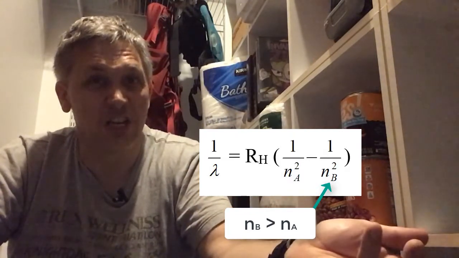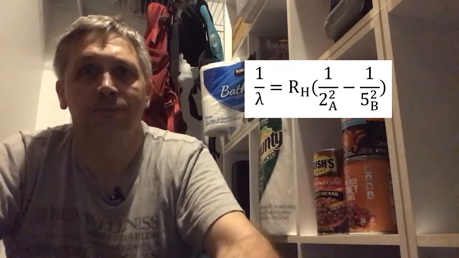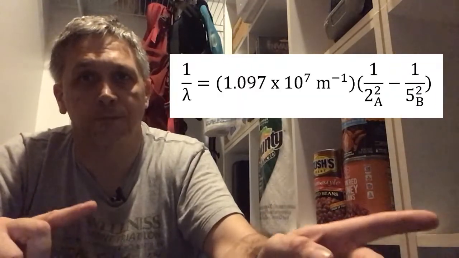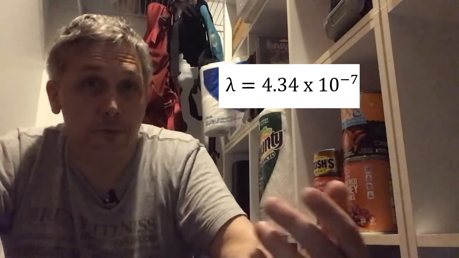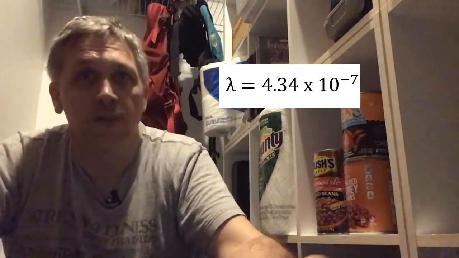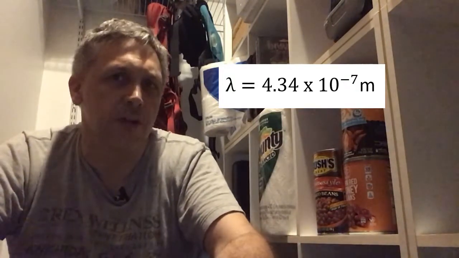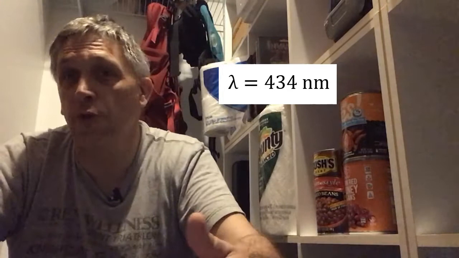For example, in the visible part of hydrogen's emission spectrum, N_A is 2, and N_B is any bigger number. So when N_B equals 5, if you plug 2 and 5 into the Rydberg equation, along with the Rydberg constant, that gives you 4.34 times 10 to the negative 7 for the wavelength. That's in meters. If you convert that to nanometers, you get 434 nanometers, which is this line in the emission spectrum.